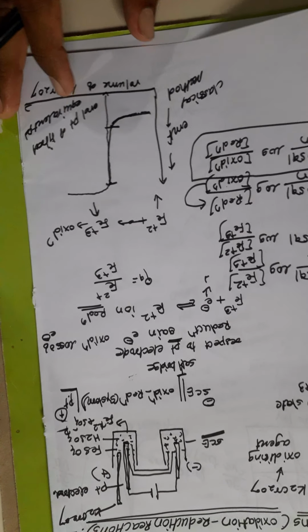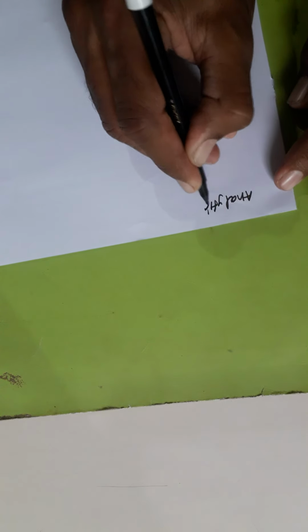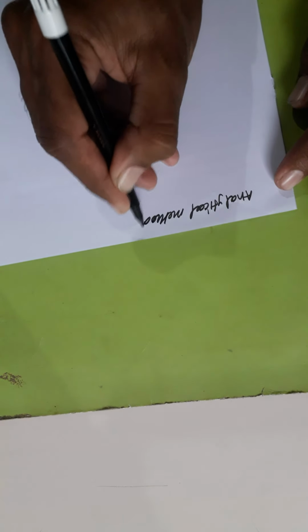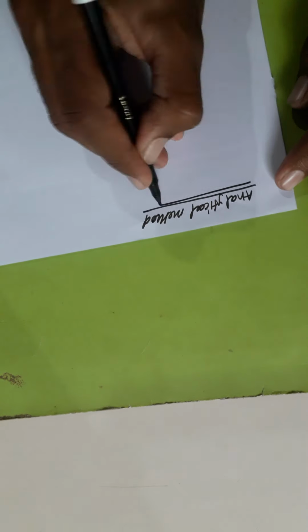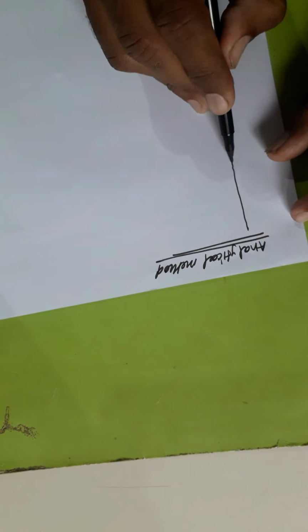Then the next point is the analytical method to determine the end point of titration. Here we plot volume of K2Cr2O7 against delta E upon delta V. What is the graph of this analytical method?